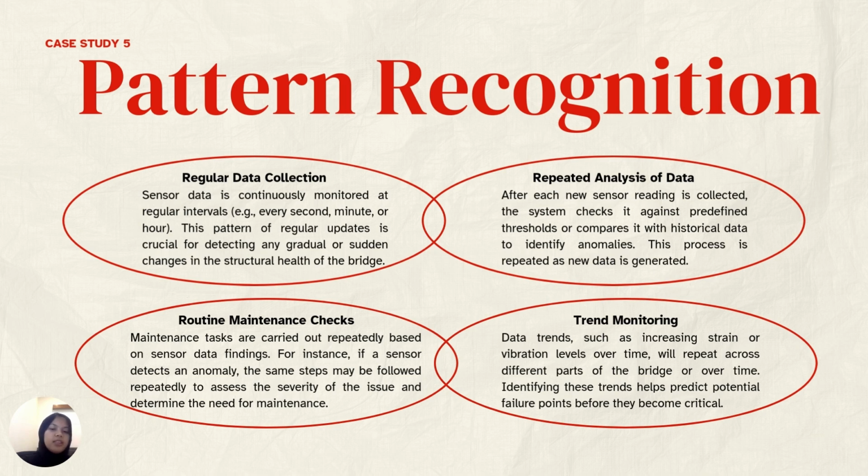The last one is trend monitoring. Data trends such as increasing strain or vibration levels will repeat across different parts of the bridge or over time. Identifying these trends helps predict potential failure points before they become critical.